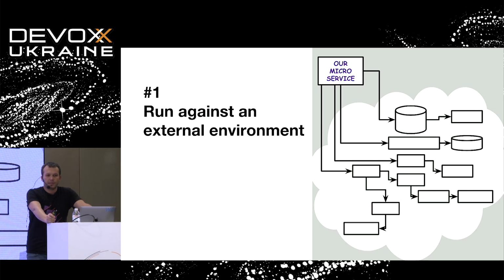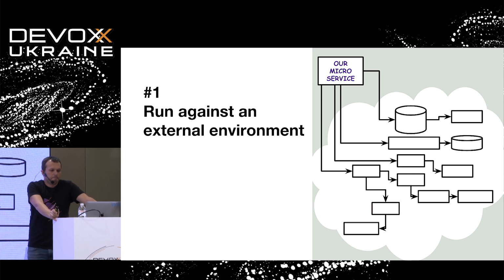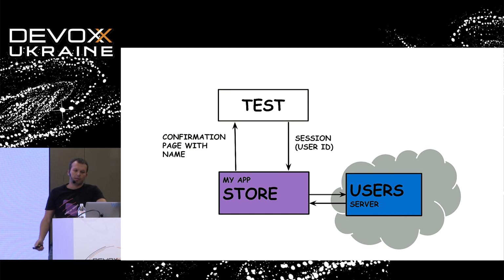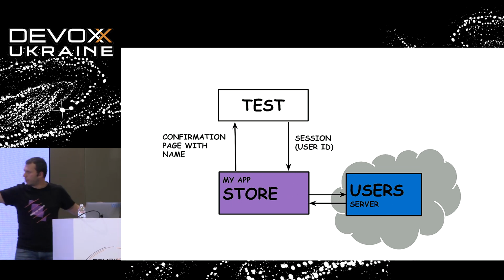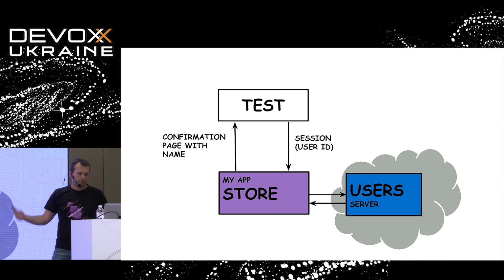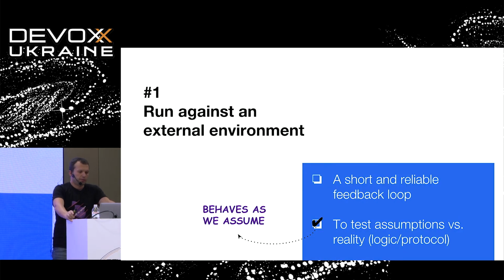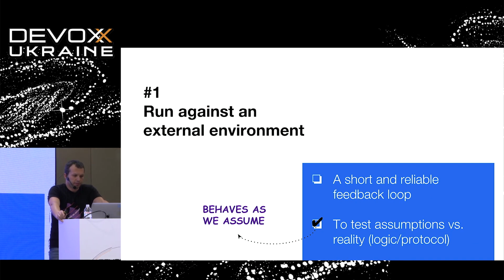The next thing that we are going to try is to run against an external environment. So basically, we have the production, we have our store and our test, and the test talks to the external environment, to the production environment. The good part here is that we test that our assumptions are correct.